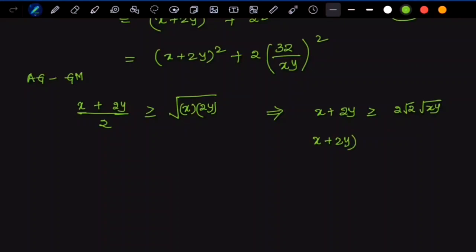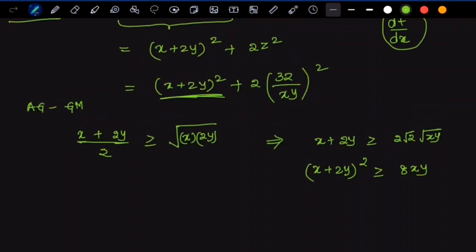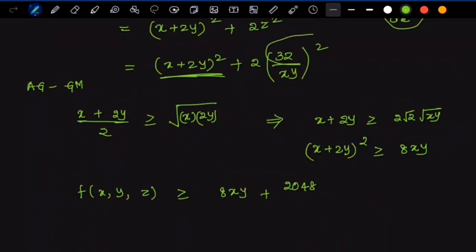Squaring on both sides, x plus 2y whole square is greater than or equals to 8xy. So your f of x comma y comma z is greater than or equals to 8xy plus 2048, since 32 whole square is 1024 multiplied by 2 is 2048, divided by xy whole square.